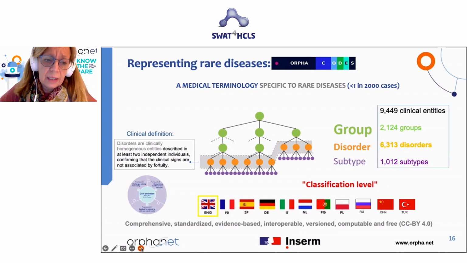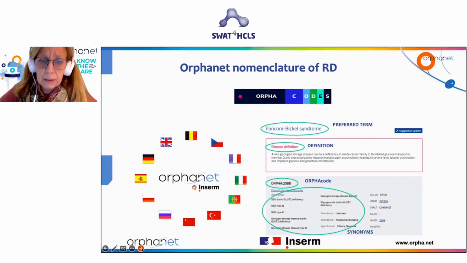So this Orphanet nomenclature of rare diseases, the Orpha codes, is a comprehensive, standardized, evidence-based, literature-based, interoperable, computable, and free resource for case identification in health systems, in registries, and in other kinds of resources. What is in there? You have a main term, as many synonyms as necessary in each language, a definition that helps coders to find the right code, and the unique identifier, the Orpha code.